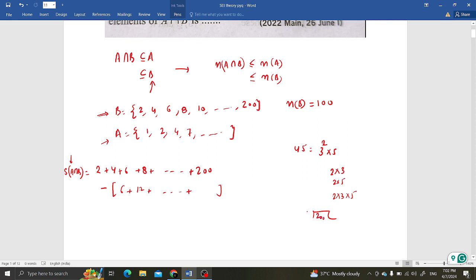How can we find the last element? 6 times 33 is 198, so the remainder is 2. It means if I subtract 2 from 200, it will be divisible. So 198 will come here.